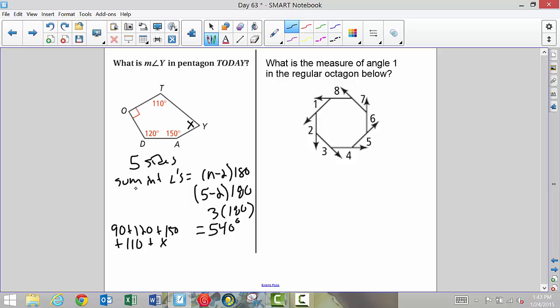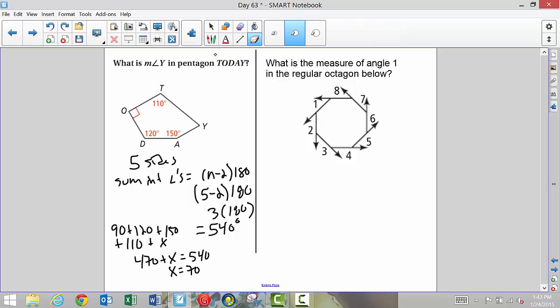That gives us 470. So we have 470 plus x equals 540. Subtract 470 from both sides, so we have 540 minus 470, and you get 70. So x is equal to 70. So this angle y is 70 degrees. There's a little more work because you actually have to find the sum of all inside angles first before you approach these problems.